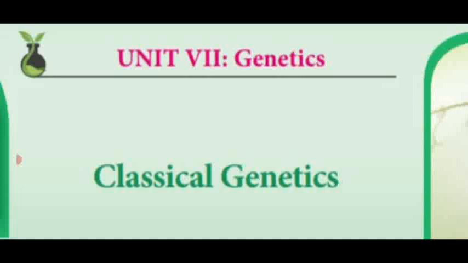Lethal gene is divided into dominant, recessive, conditional, sex-linked, and balanced lethal. The last one is multiple alleles. So out of this gene interaction flowchart, we have started intragenic gene interaction.